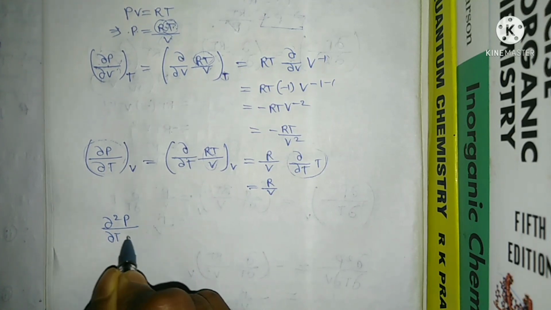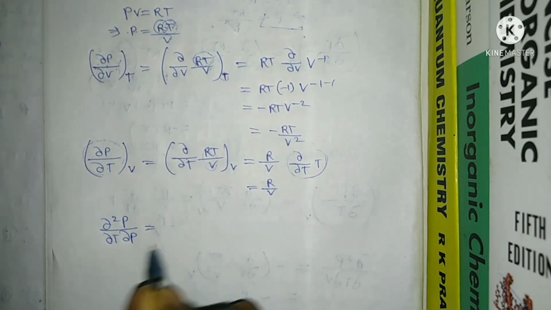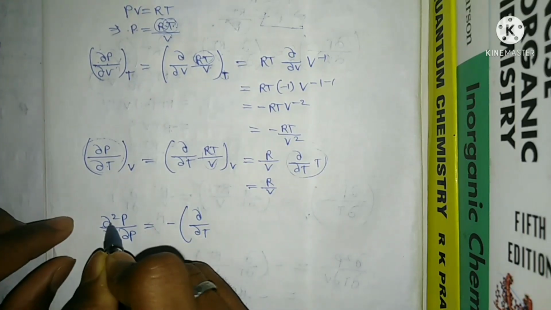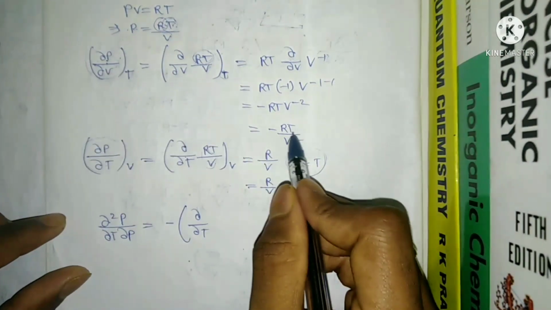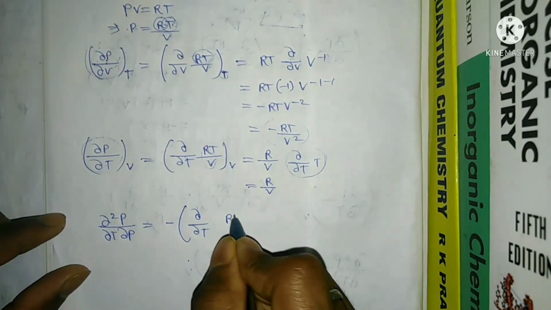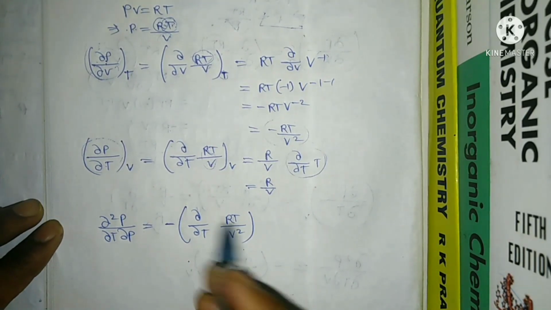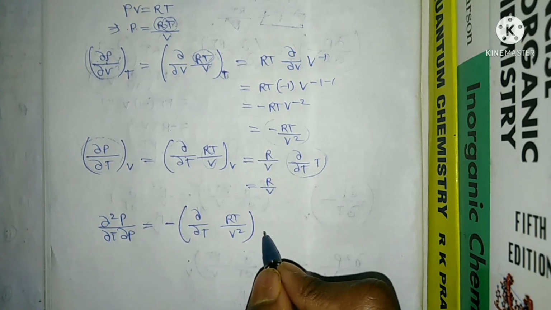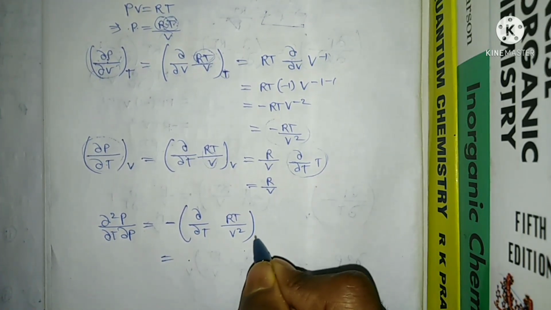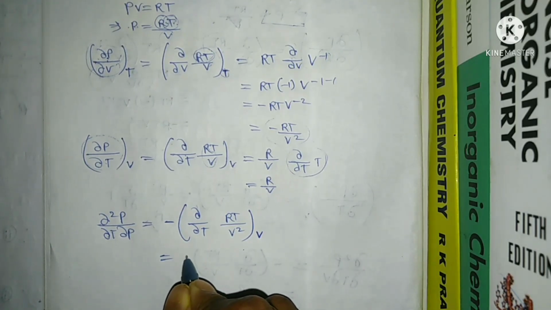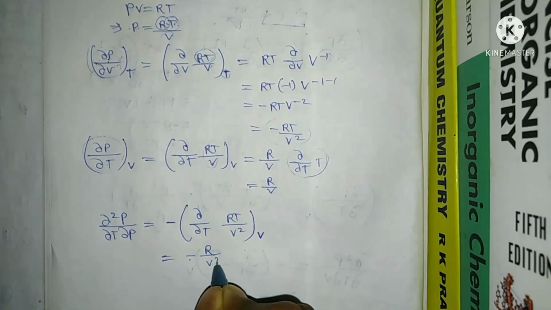So then what will happen? We found the answer for ∂P/∂V as minus RT by V square. Differentiating this with respect to T at constant volume, this will be equal to minus R by V square.